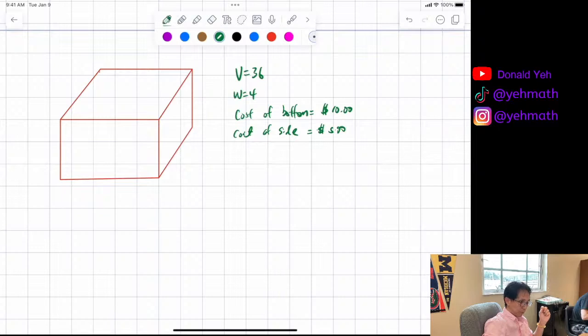So for me, I will write down this side is 4, and this side is L, and this side is H.